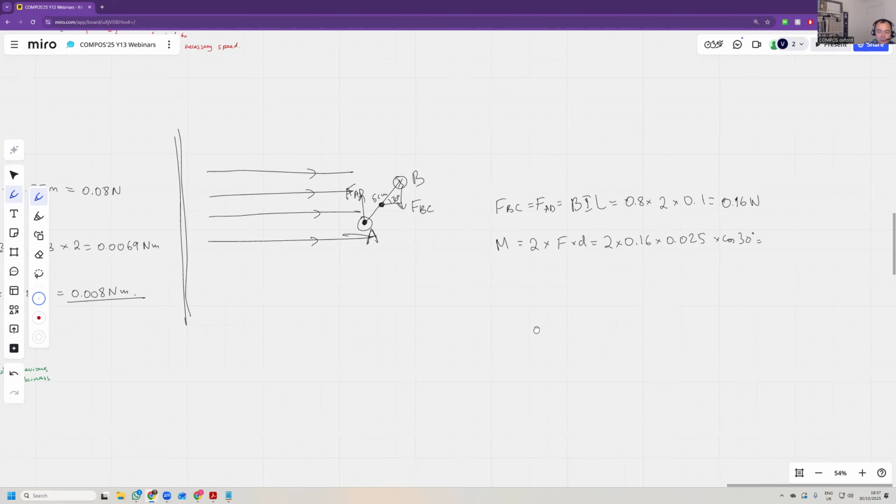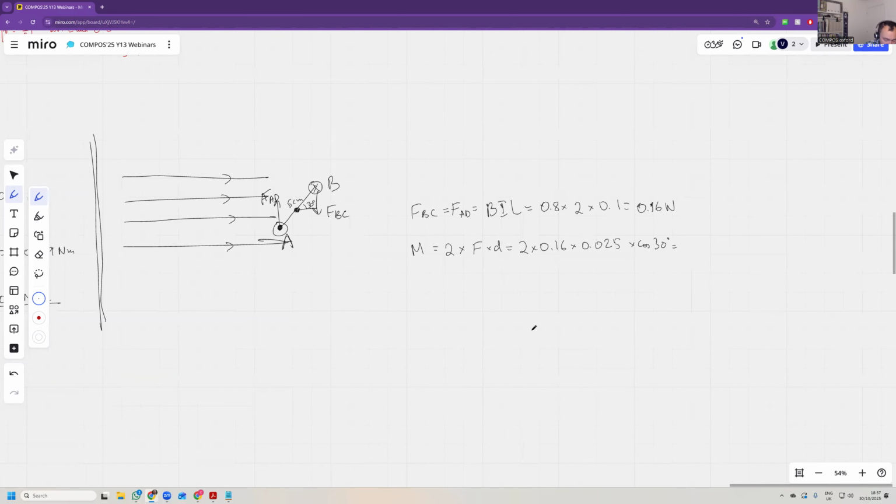And I believe that is the same, cos pi over 6, 0.00693 Newton meters. And the maximum would also be 0.008 Newton meters. So it doesn't matter which way you have the coil. Is it like this or like this?